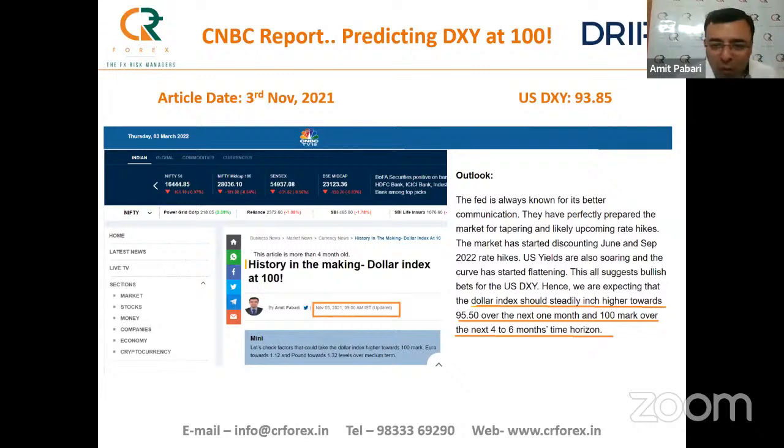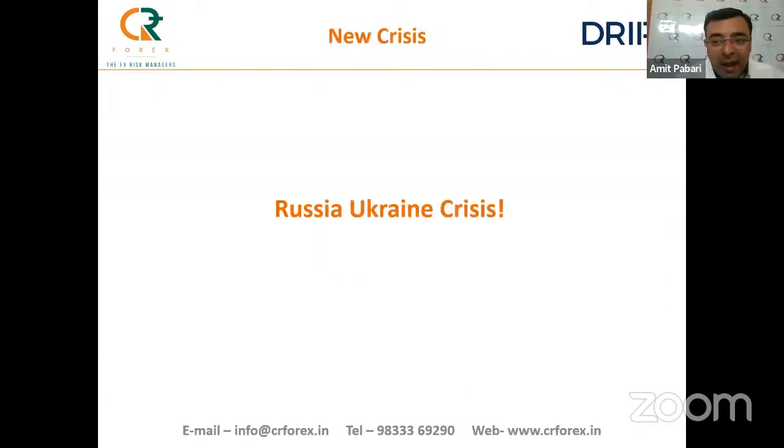Now, all of a sudden, एक नया क्राइसिस आता है, that is the Russia and Ukraine crisis. Fire पहले से था. Now in the fire there is fuel added. That Russia-Ukraine crisis is not a crisis of two countries. It has a bigger role in the world economy.